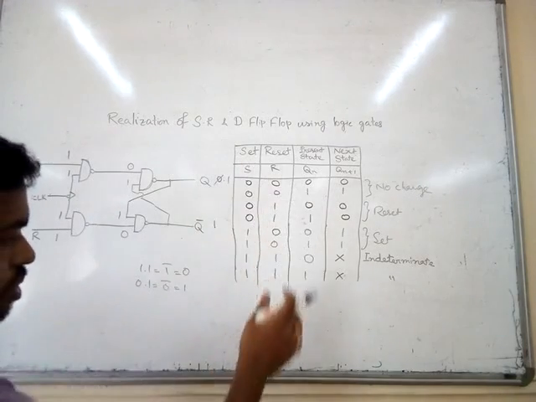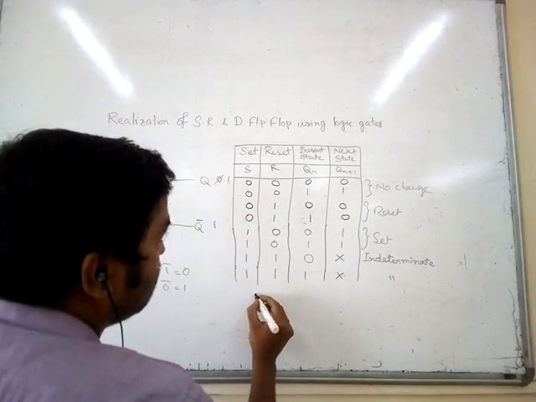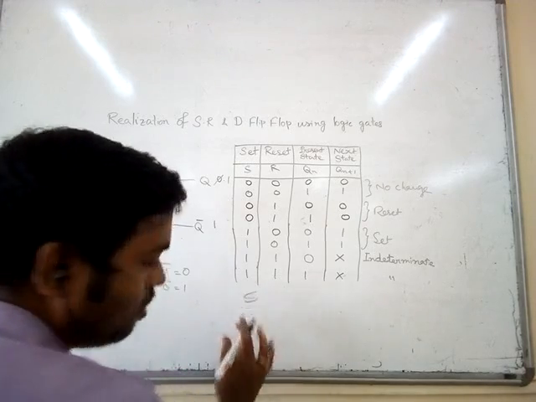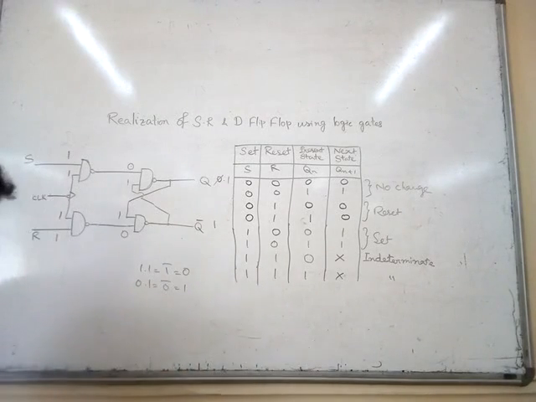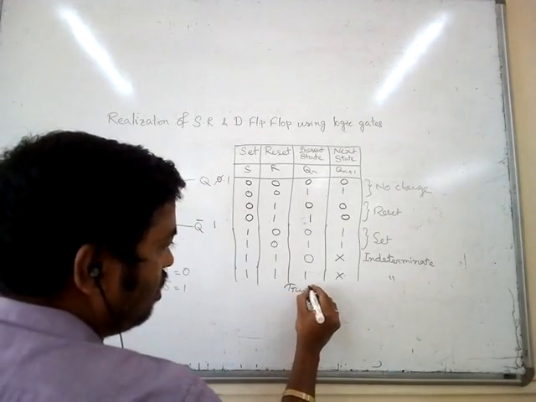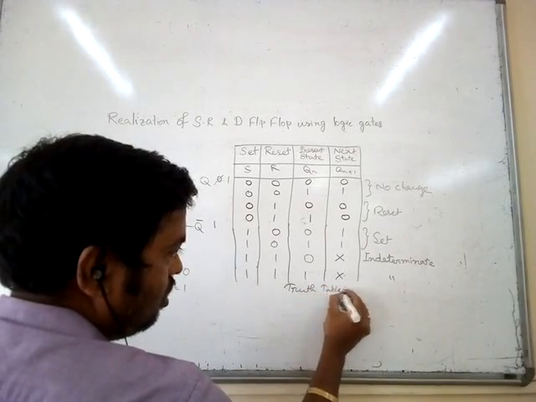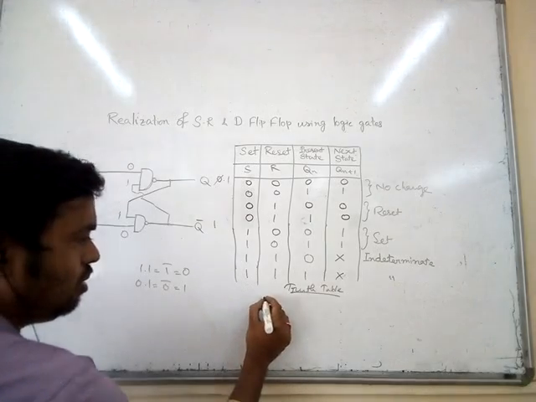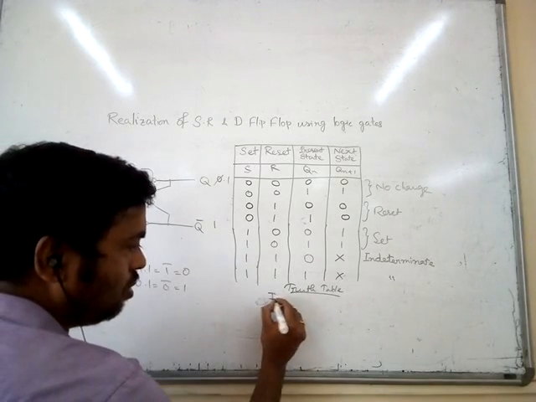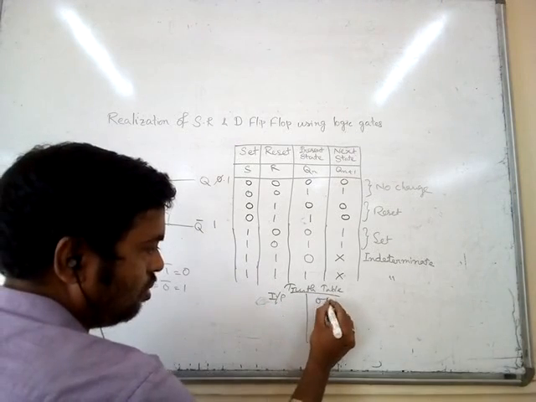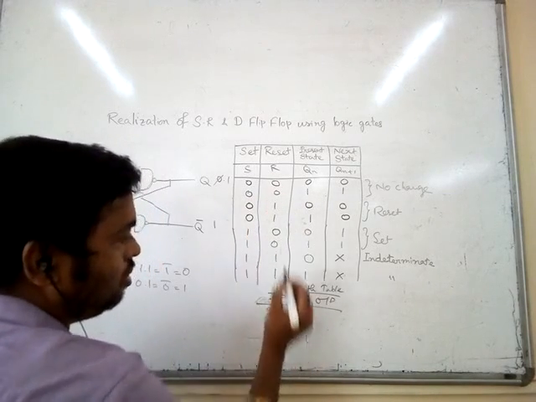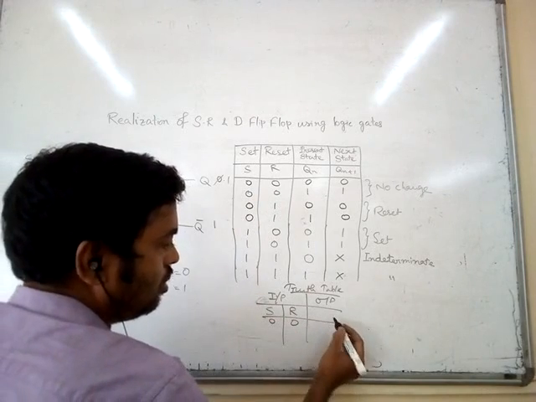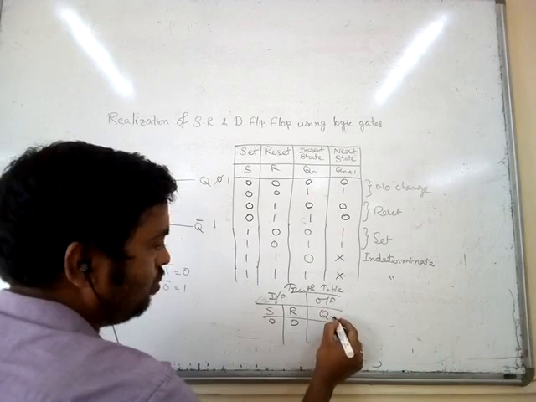Now we sort out this truth table, summarize. If we summarize, suppose it is input, it is output, inputs are both S and R. So for 0, 0 condition, output suppose Qn.